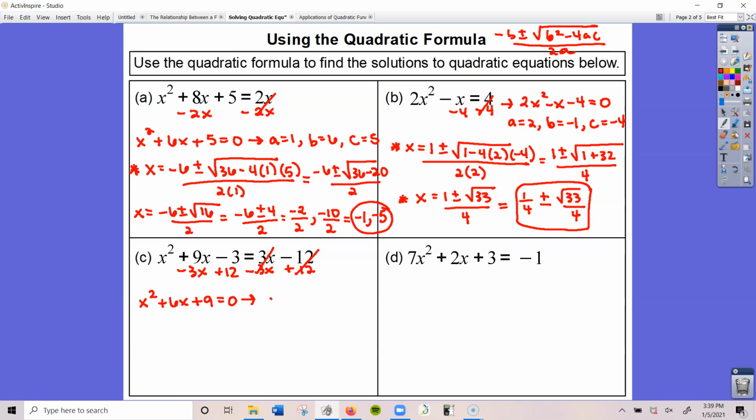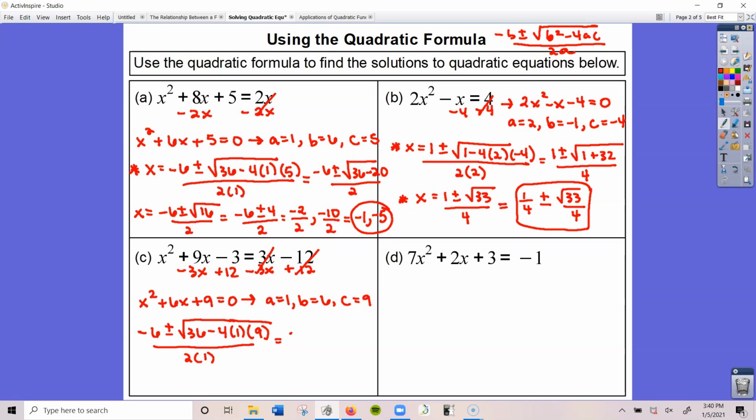And in this case, a is equal to 1, b is equal to 6, and c is equal to 9. And now we're ready to plug everything into my quadratic formula. So negative b, which is negative 6, plus or minus square root of b squared, so 36, minus 4 times a times c, which is 9, all over 2 times 1.